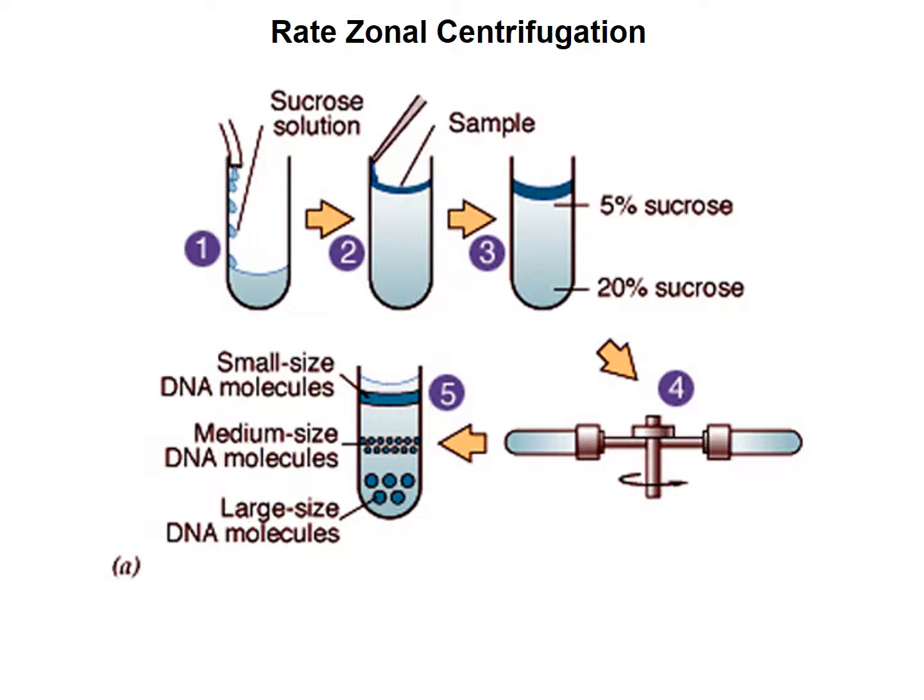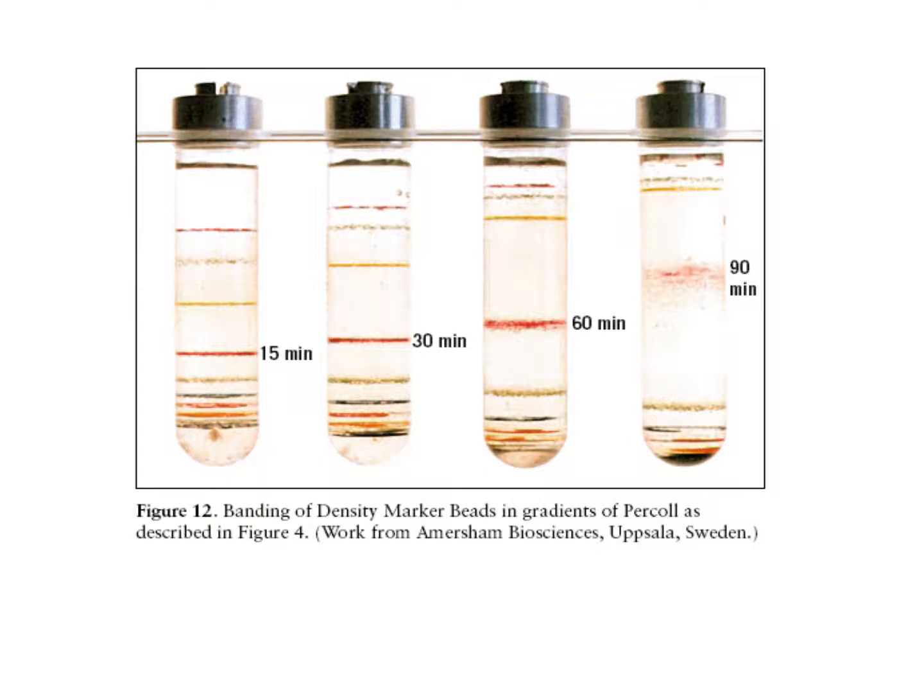Anyway, there's different media here, and just to remind you, rate zonal is probably what we'll be using for organelles here, with a preformed gradient, and you separate the material here. And here are the colored beads that you can order from a company, Amersham. At 15 minutes, 30 minutes, 60 minutes, and if you went 90 minutes, notice everybody's at the bottom.